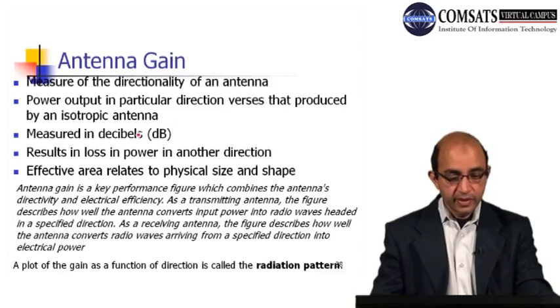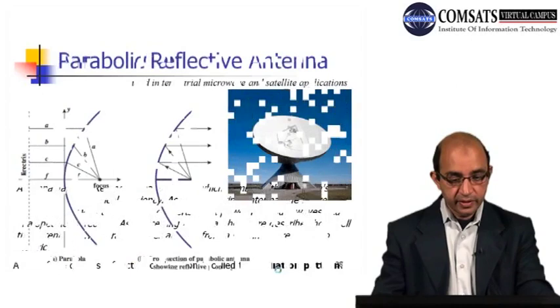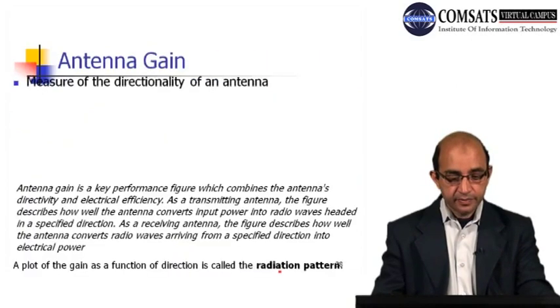Antenna gain is calculated in decibels, and it results in loss in power in another direction. Moreover, a plot of the gain as a function of direction is called the radiation pattern, and we have the radiation pattern here.